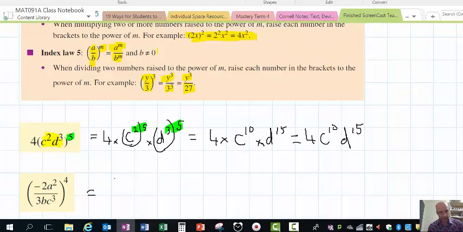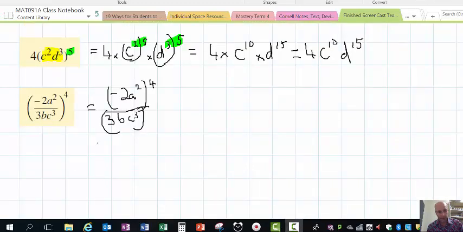Last one, this is index law 5, so we have negative 2a squared to the 4 over 3bc cubed to the 4. So that's showing index law number 5. This is a hard question starting out.